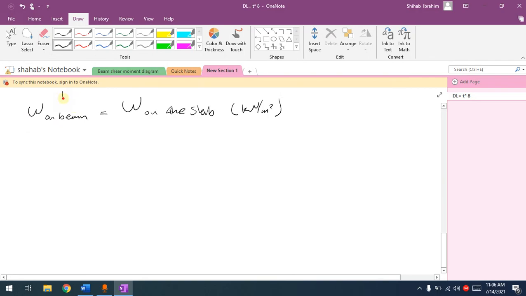On the beam will be kilonewton per meter. Remember, we'll get kilonewton per meter on the beam. We said that W on the slab multiplied by what? By the short side of the slab divided by 2. Now for each slab, the short side will be different, remember. You have to be careful. For each slab, the short side might be different.